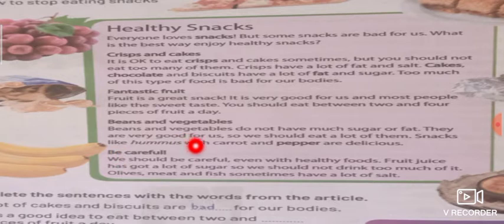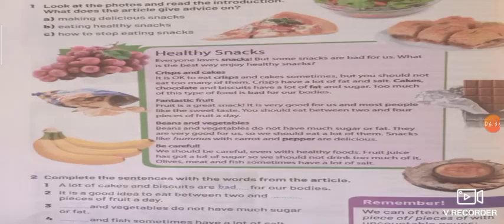They are very good for us, so we should eat a lot of them. Snacks like hummus with carrot and peppers are delicious. Be careful. We should be careful even with healthy food. Fruit juice has a lot of sugar, so we shouldn't drink too much of it. Olives, meat, and fish sometimes have a lot of salt.